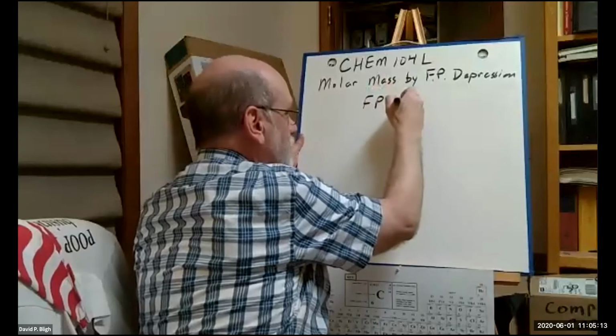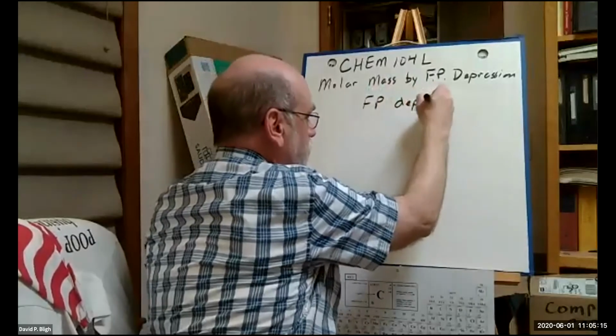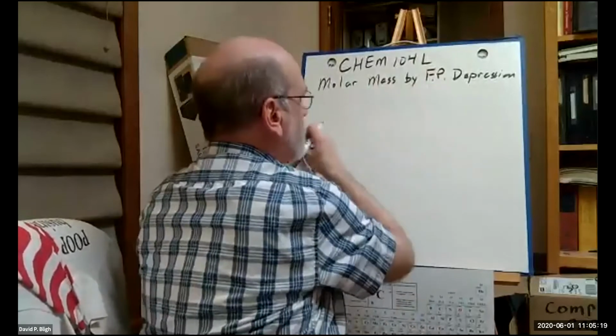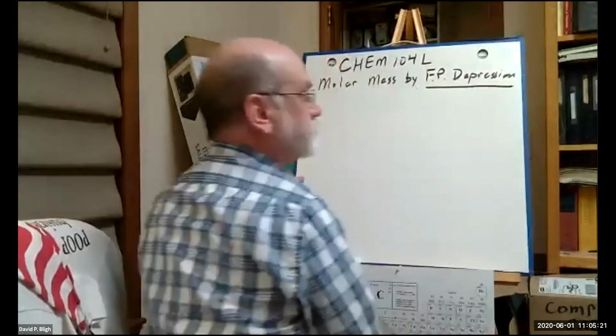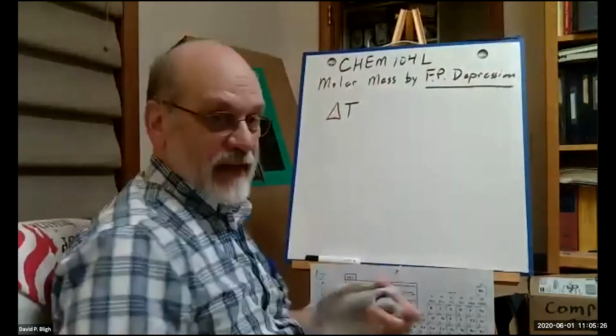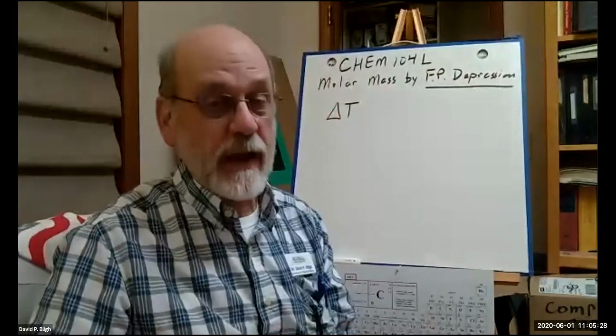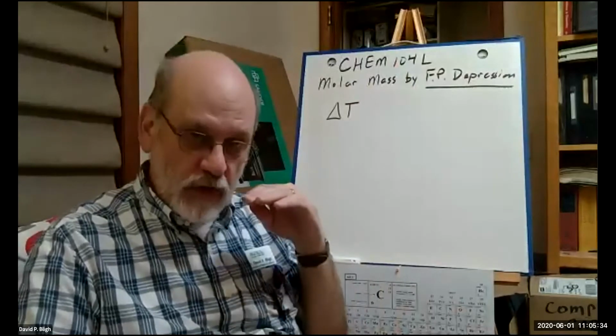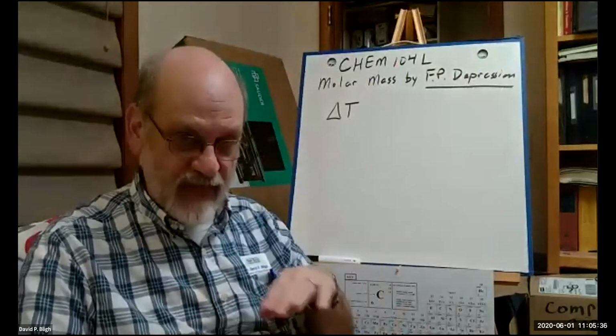Freezing point depression. Well, there it is right there. Why write it again? Freezing point depression. And that is represented by a delta T, a change in temperature. Now, the pure substance will have a freezing point, and the solution will have a freezing point that is lower than that.